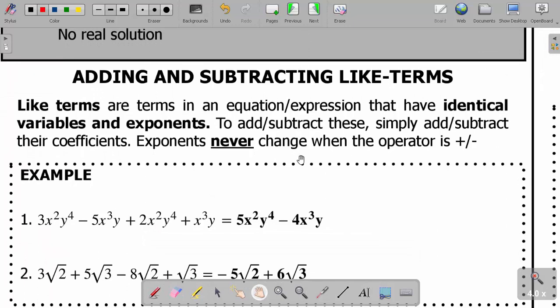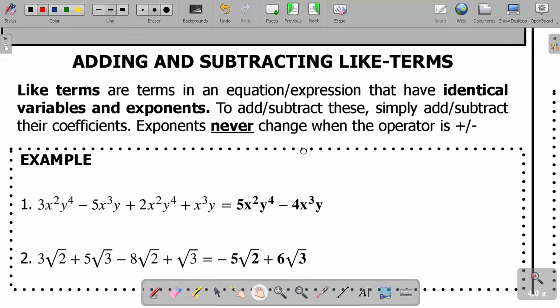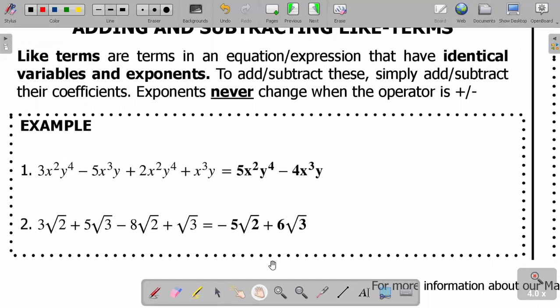Let us now start by adding and subtracting like terms. Like terms are the terms in an equation or expression that have identical variables and exponents. To add or subtract these terms, we simply deal with their coefficients.